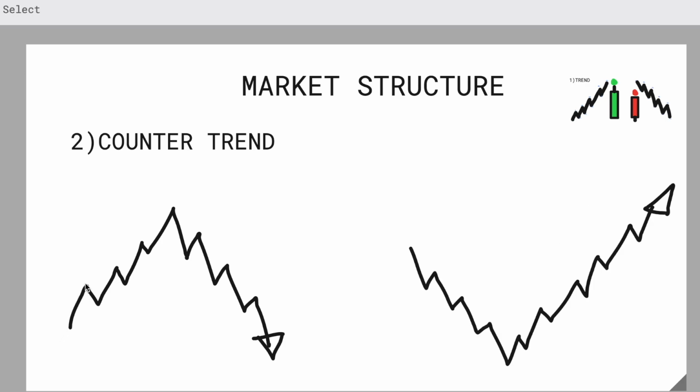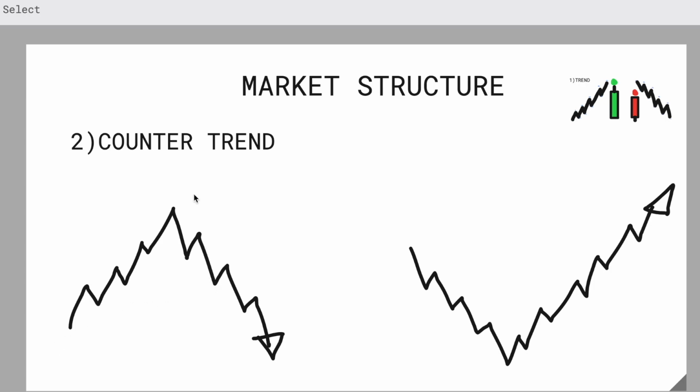Over here, price starts making higher highs, higher lows, higher highs, higher lows, which tells us the trend is up. Then price failed to break this higher high, which is this high. And so what price is doing here now is it's starting to change the momentum to the downside as it started to fail this high, meaning price started making lower lows, lower highs, lower lows, lower highs, lower lows.